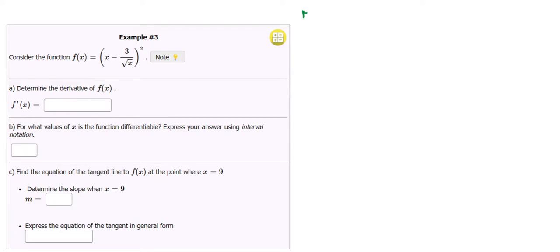So we're going to say f of x is equal to, and since this is squared, I'm just going to write it as multiplied by itself right off the bat. So x minus 3 over the square root of x, and then x minus 3 over the square root of x. Okay, and then we'll actually distribute.